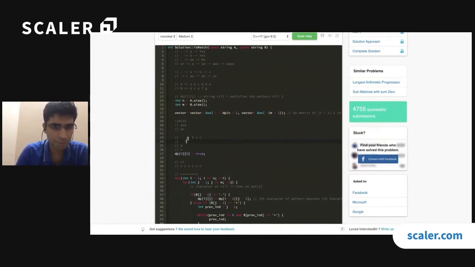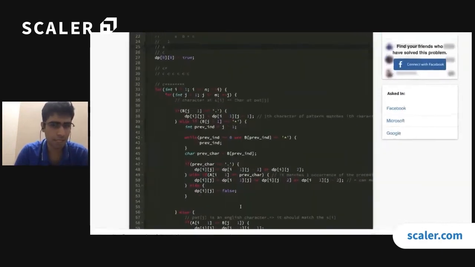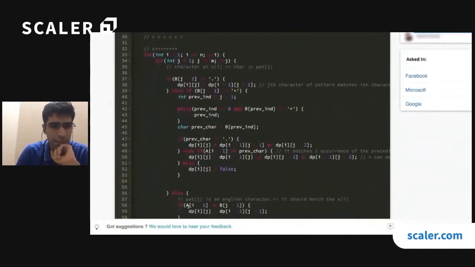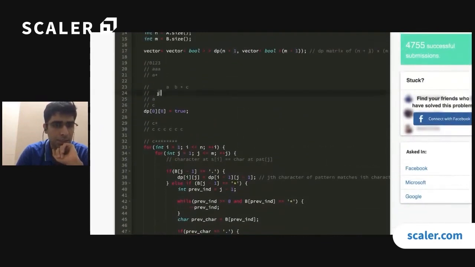Yes, it does match. Now I try to see if all the rest are 0. If I try to see does A match A, this will go into this particular scenario, right? Does A match A? This will be the scenario when a[i-1] is equal to b[j-1]. So this will be nothing but equal to this. So this thing will become 1.